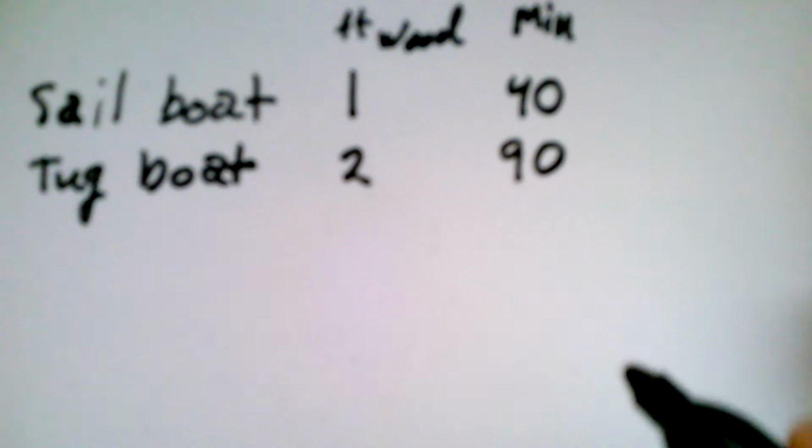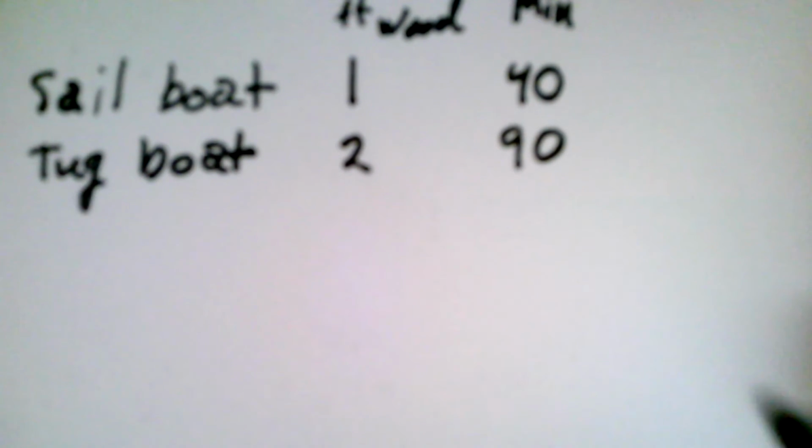The carver has 100 linear feet of wood and can spend at most 50 hours making tugboats.